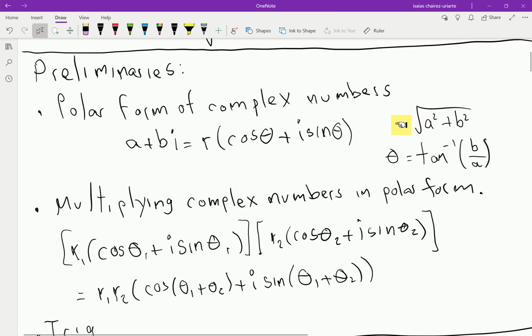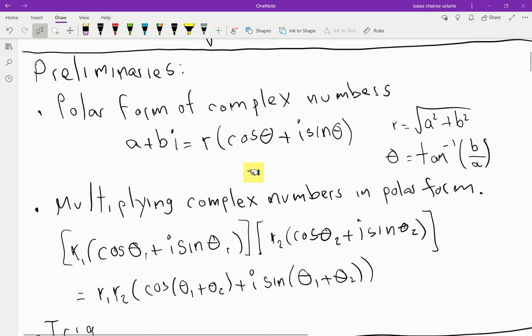Remember that there's this value r called the modulus, and it's kind of like a radius. You find it by doing the square root of the real part squared plus the imaginary part squared. You're also going to have to find an angle theta, which you can find by doing tangent inverse of the imaginary over the real part.